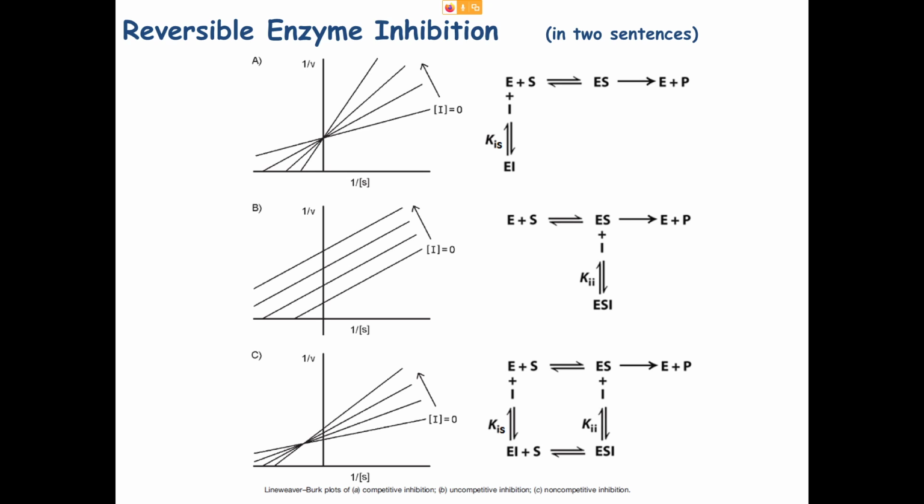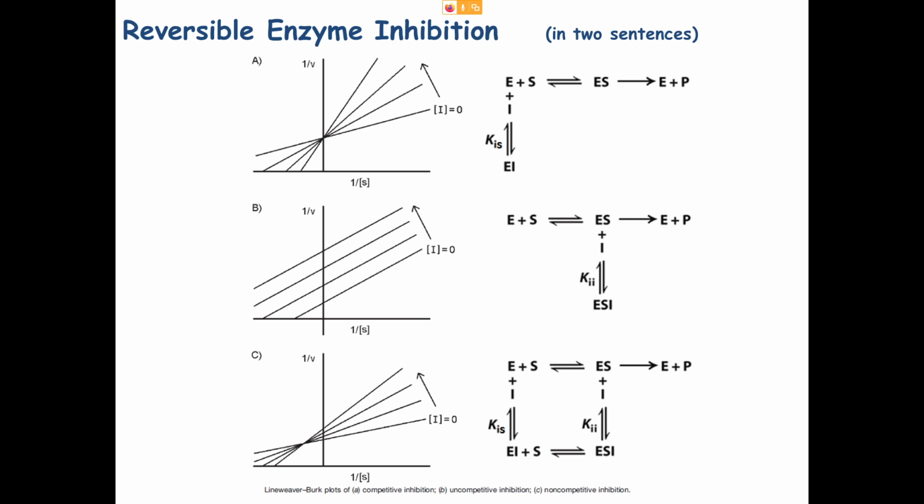Okay, what about B, the uncompetitive case? Same slope, different y-intercepts. The lines are parallel, which means they have the same slope, but they certainly cross the y-axis at different points. So it's just the opposite of the before case. That should sound familiar, that competitive and uncompetitive seem to be opposites of each other.